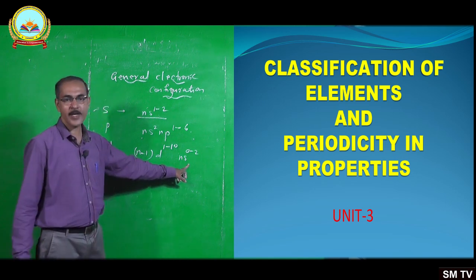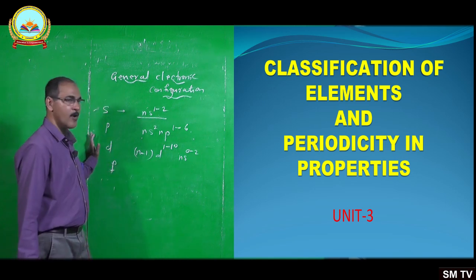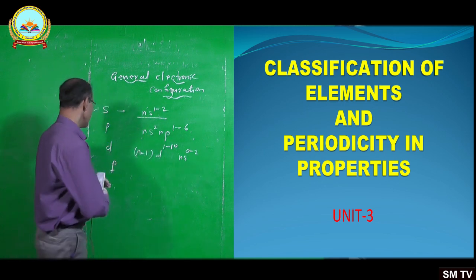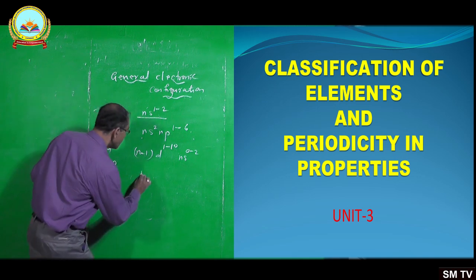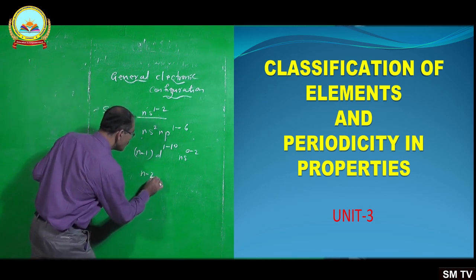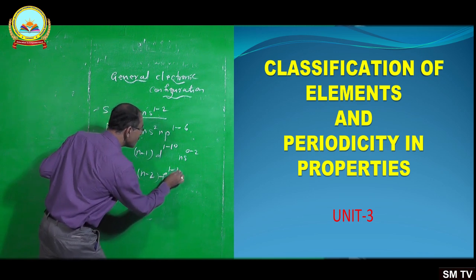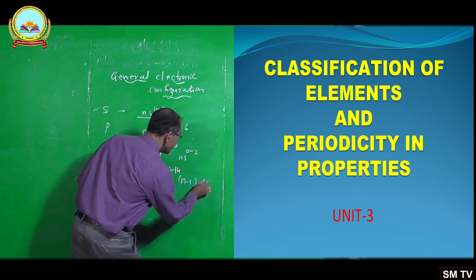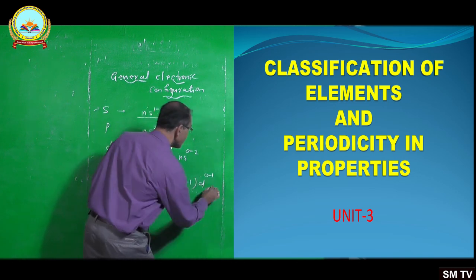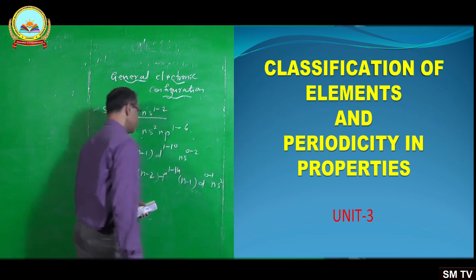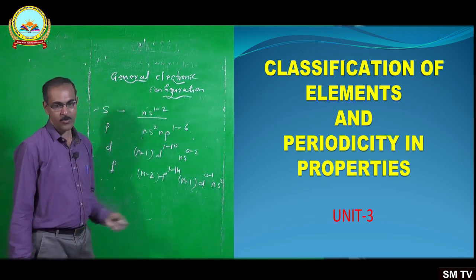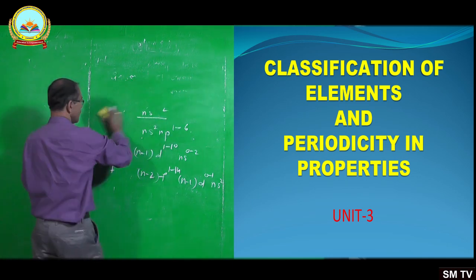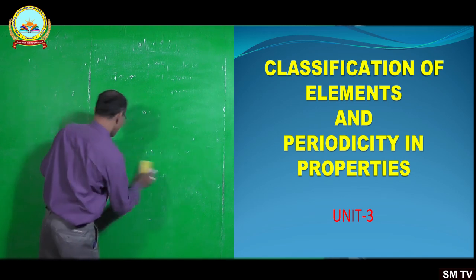This is the valence electronic configuration for d block elements. Now for f block elements, (n-2)f1 to 14, (n-1)d0 to 1 and ns2. We can expect one question on this for the examination: general electronic configuration of s, p, d and f block elements.